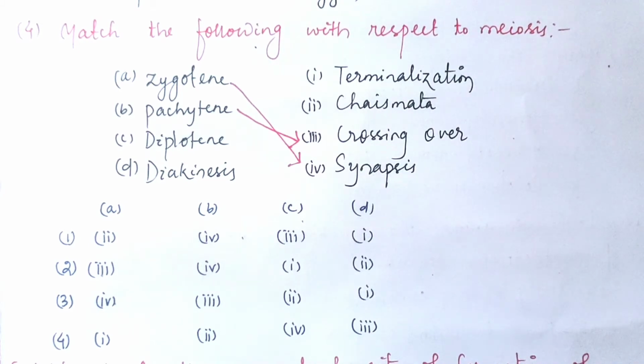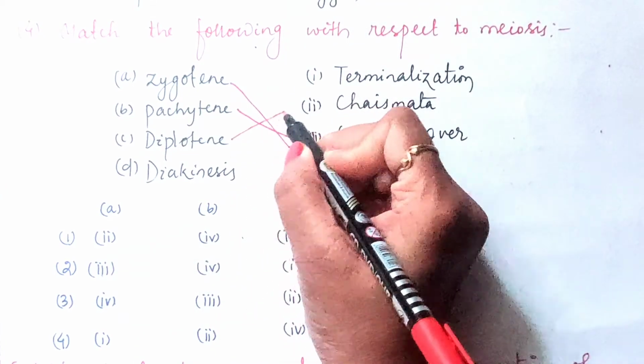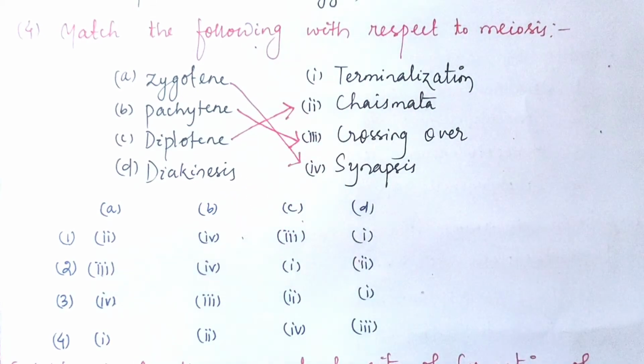This is called the late stage of prophase 1 of meiosis 1. Here the chromatid pairs of tetrad begin to separate and chiasmata can be seen. So in diplotene, chiasmata appears.